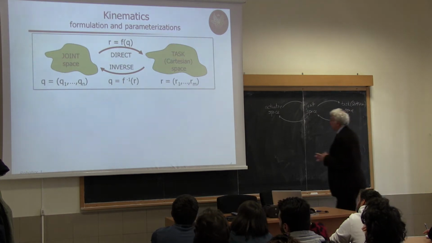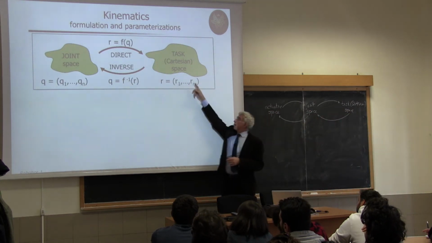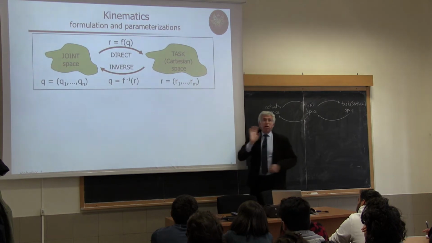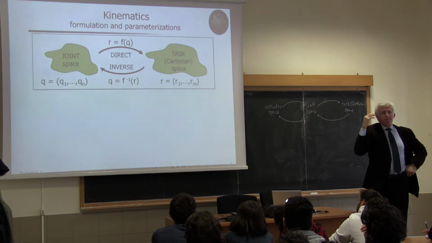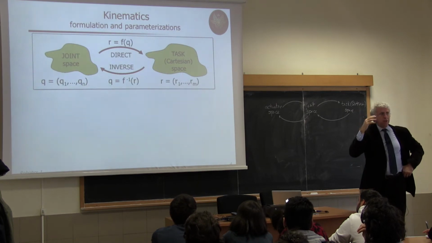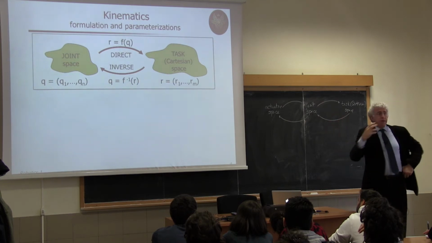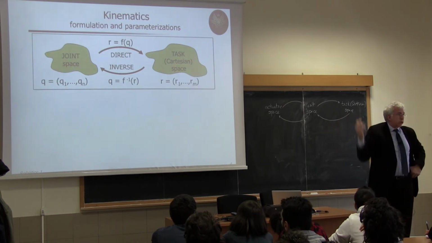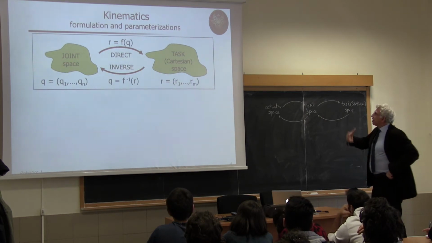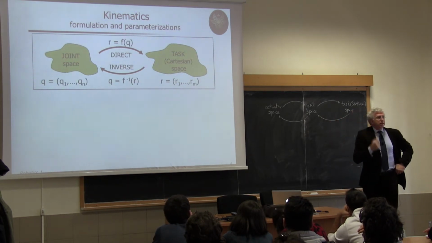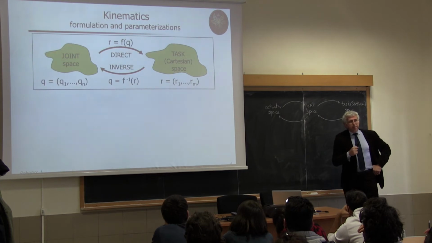Now here is the generalization. Rather than speaking only about Cartesian space, although we can have this in the back of our minds so that we can visualize what we are thinking, Cartesian space means, for instance, position and orientation of the end effector. But more in general, we may have a task space where the task is defined.